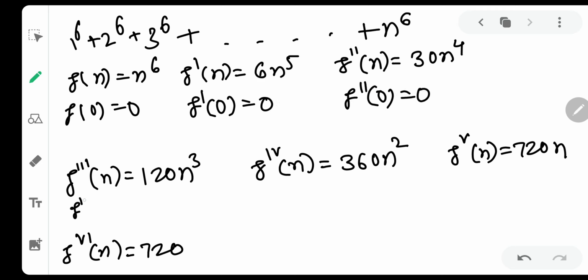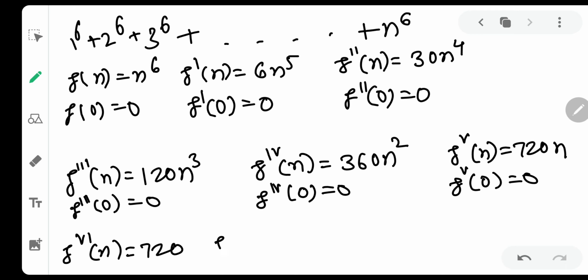See how beautiful it is. F triple dash 0 is 0, f 4 times 0 is 0, f 5 times 0 is 0, see this is the trick, and f 6 times 0 is also what? Can you guess that? 720 only, because there is no n to put. So definitely the f6 term will be turning into 0 because both are 720 only.